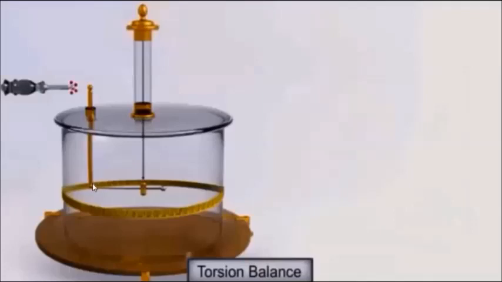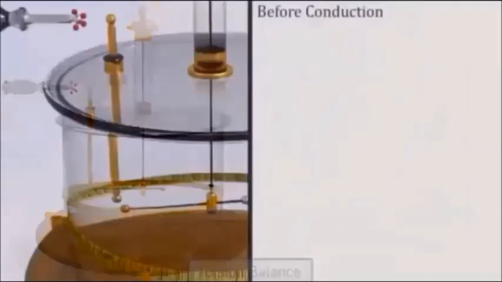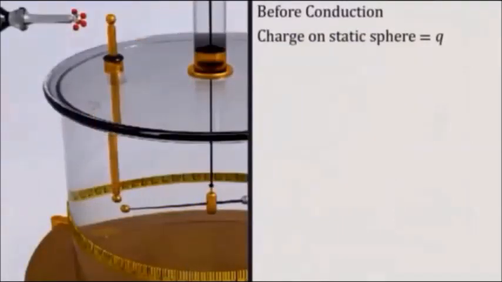We can call this metallic sphere the static metallic sphere and this one the rotating metallic sphere, because we can rotate this one with the help of the micrometer screw attached to this torsion fiber. Now, initially, the static metallic sphere is given some amount of charge Q by bringing a charged object in contact with it.